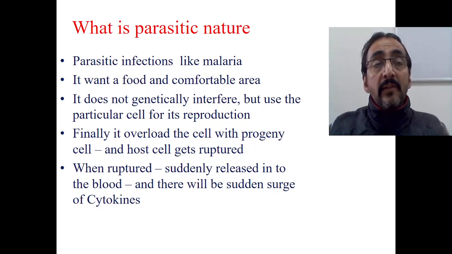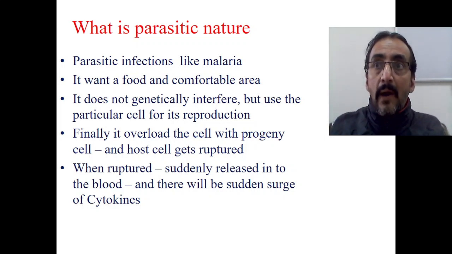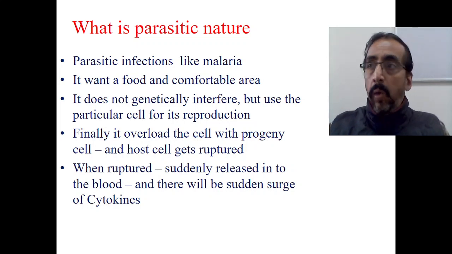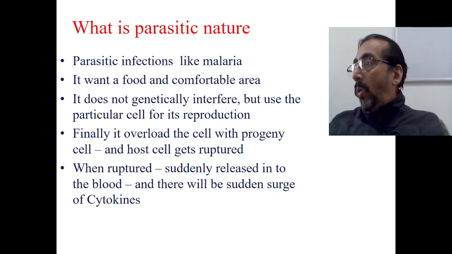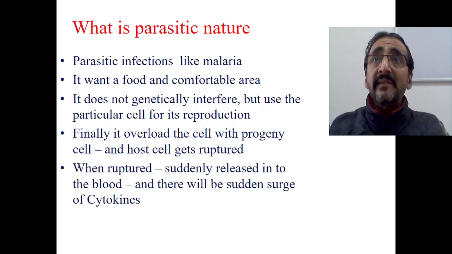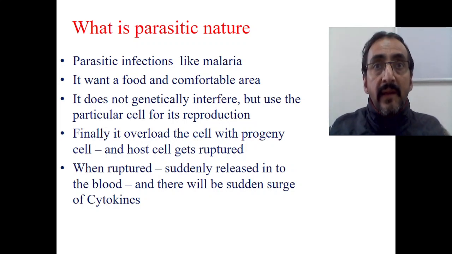So there is no particular idea, but when they come out into the blood, the immune system is sensitized, and suddenly it gives an immune response, and as a result the temperature rises.